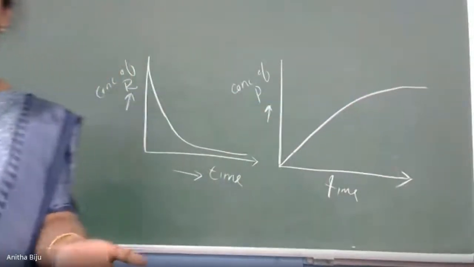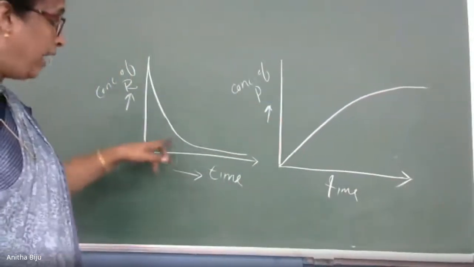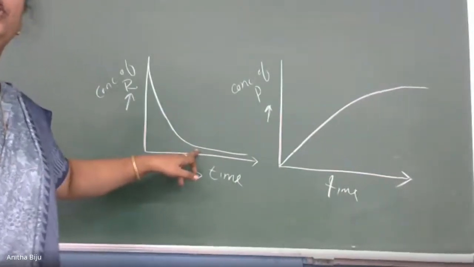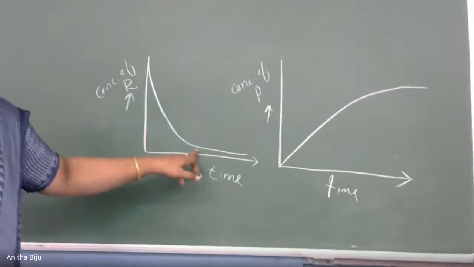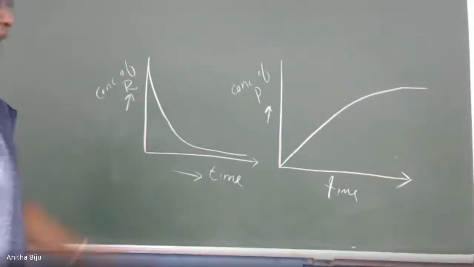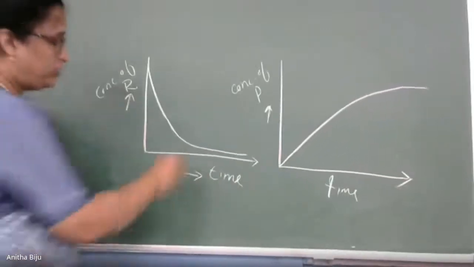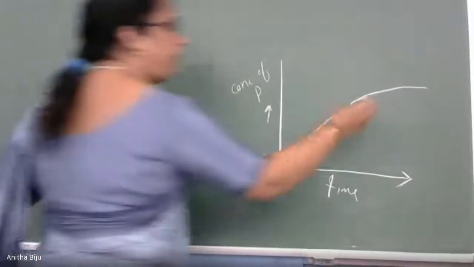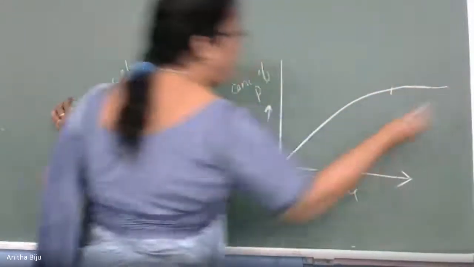Now notice one thing: after a period of time, what will happen? After a period of time, the curve will be moving parallel to the x-axis. You see that? In both cases this part is going parallel.